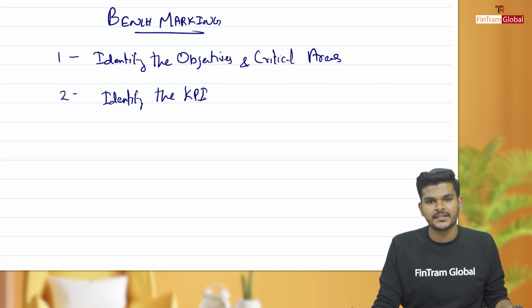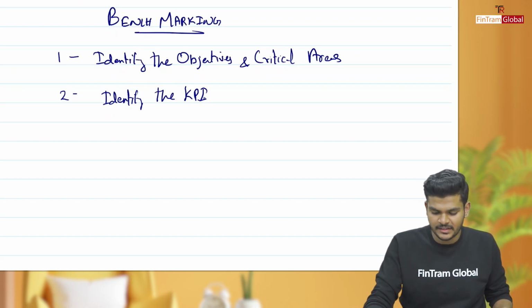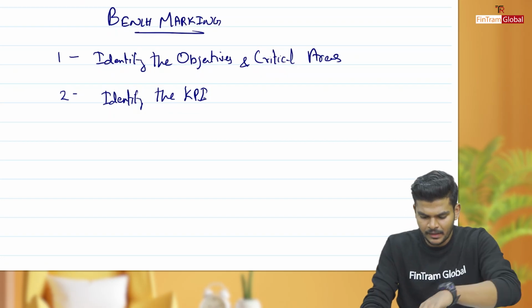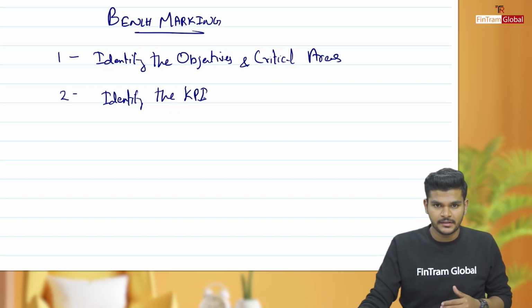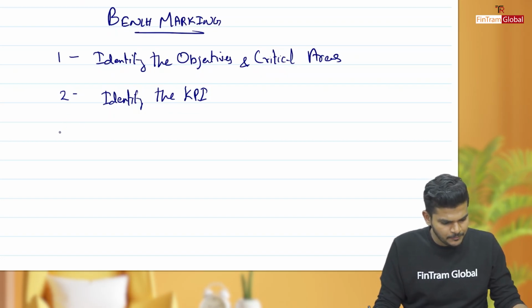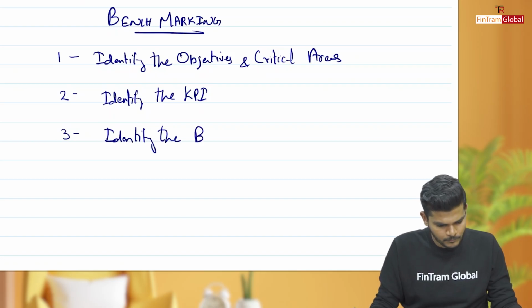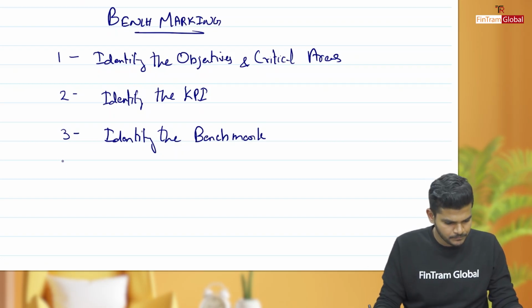If we have set the objectives and identified the critical success factors, then obviously the next step would be to simply determine the KPIs of those particular CSFs, right? That's basically it. Okay, folks. And then the third step is to identify the benchmark, or the best in class within your industry.